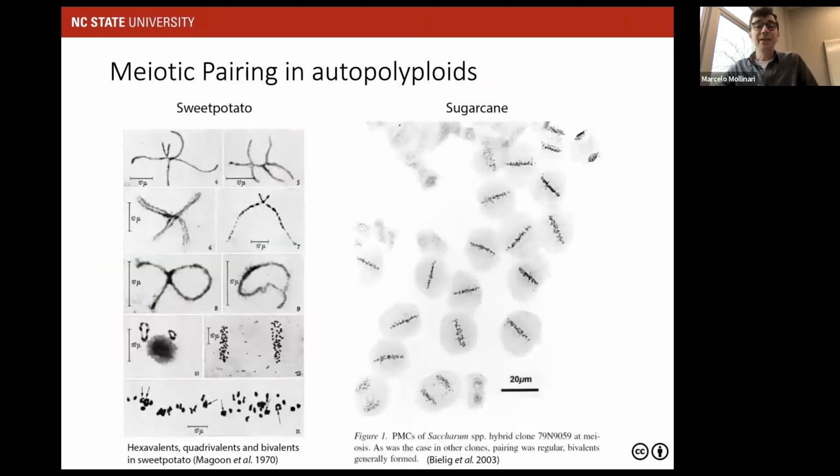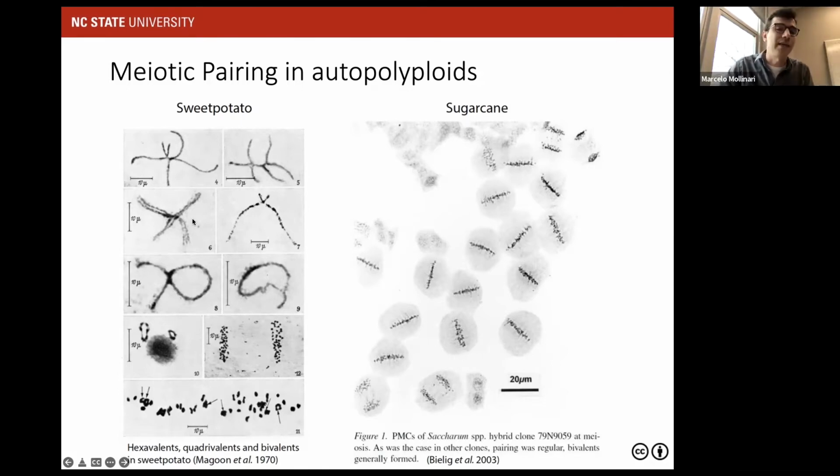But here are just some examples of slides of meiotic cells in sweet potato. Here, as you can see, we have a hexavalent. So all chromosomes are combining here, and they can exchange arms in all these places that they are paired. So here we have another one.